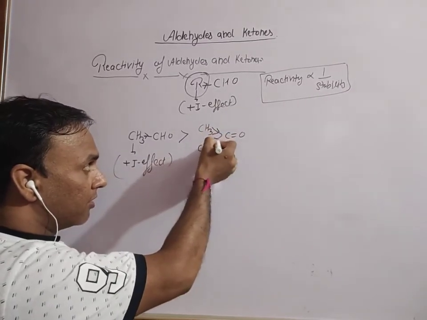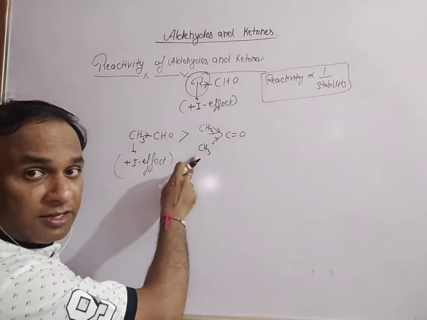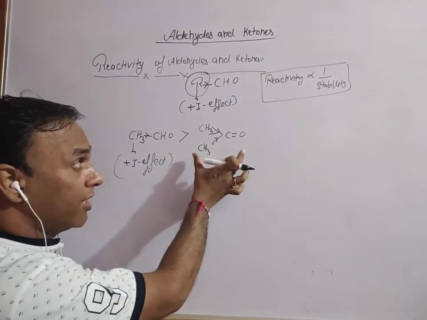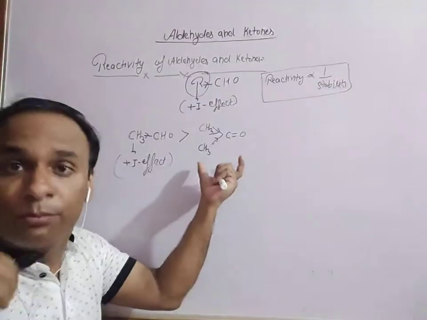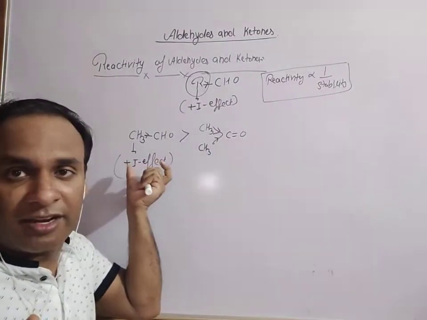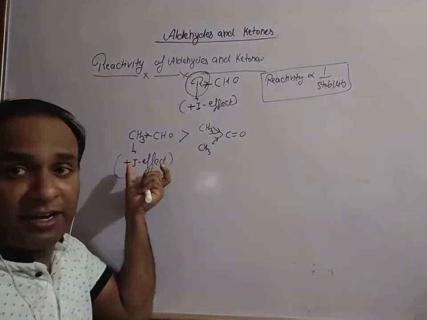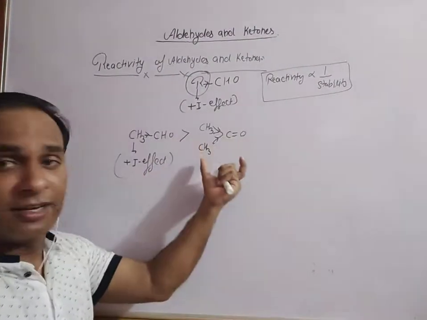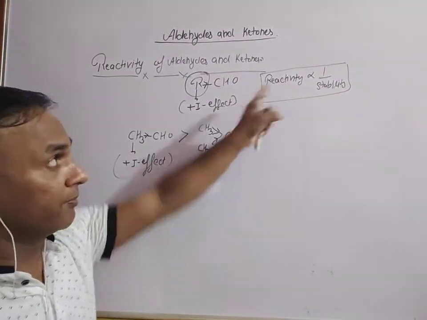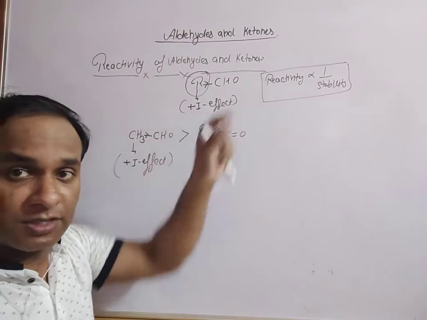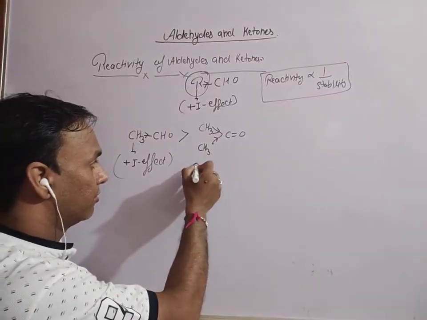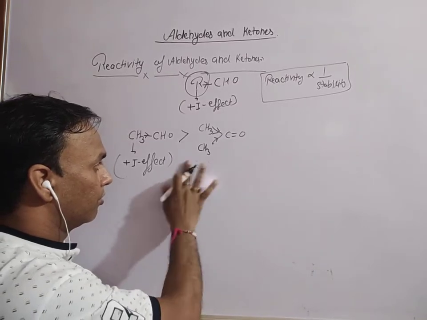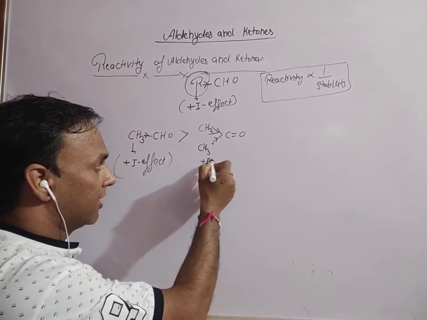Here two methyl groups are present, so ketone is more stable than aldehyde. That's why aldehyde is more reactive than ketone, due to the plus I effect of two methyl groups.